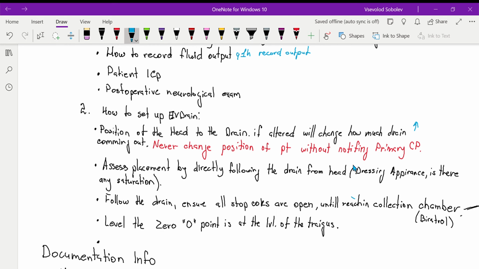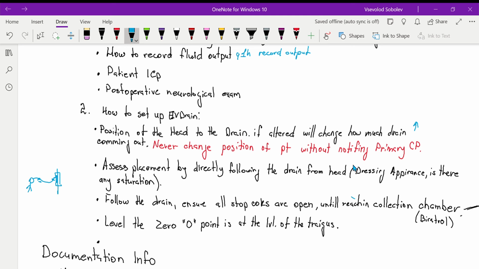So you check the line from the patient's head to the monitor on the pole, check that all stopcocks are open and allow the drainage, and that the tubing is still connected to the patient.